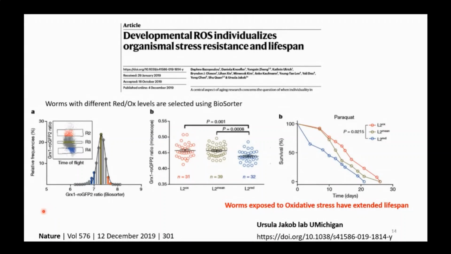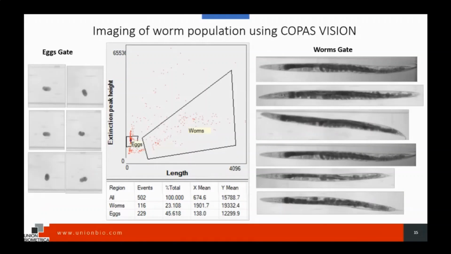This is also really interesting work that's being done out there using our technology. And just related to that, I just wanted to show a little bit here of imaging of worms and how worms can be gated and sorted for their uses.